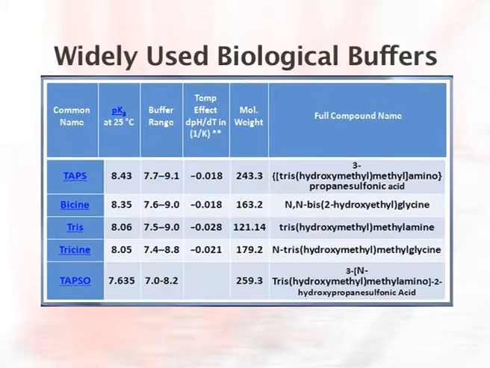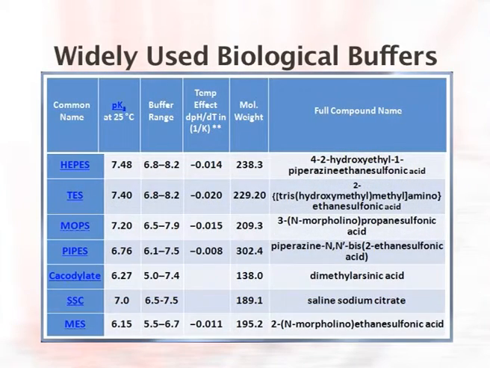A researcher needs to know which buffer to be used. He has to choose from this list such that his compound of interest doesn't react with any compound of these buffer systems. He will also need to know that the buffer should cover the pH range which he is interested in.